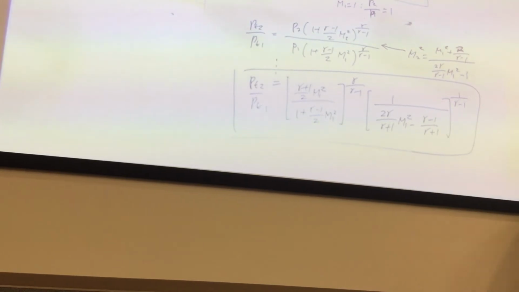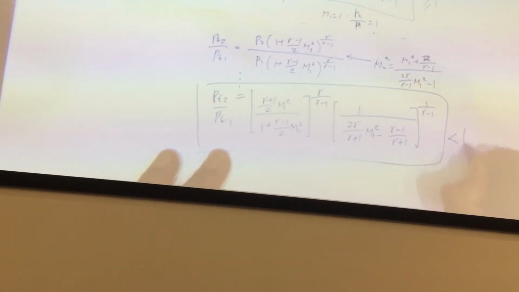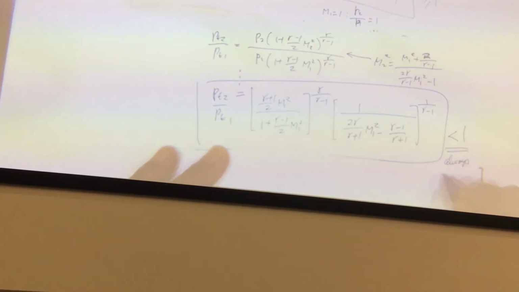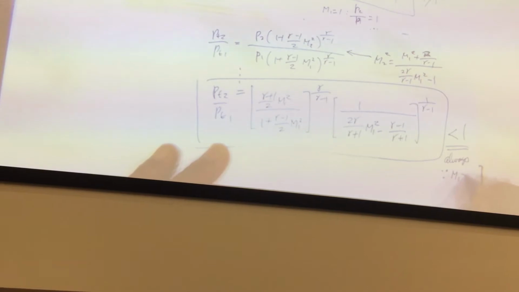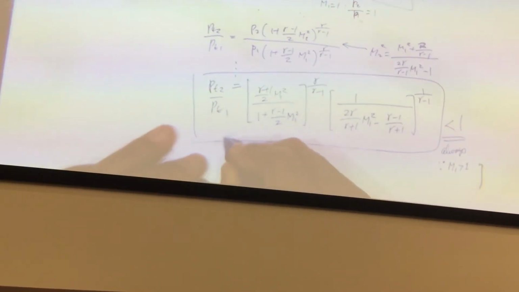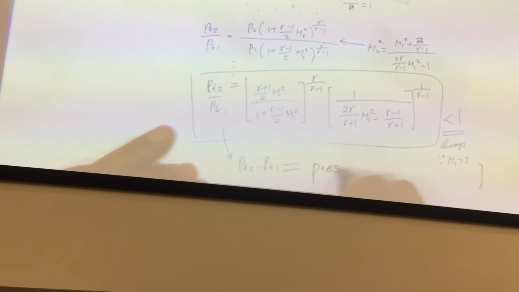Now, this is always less than 1, always, when M1 is greater than 1. So this is what we call PT2 minus PT1, which is the pressure loss.